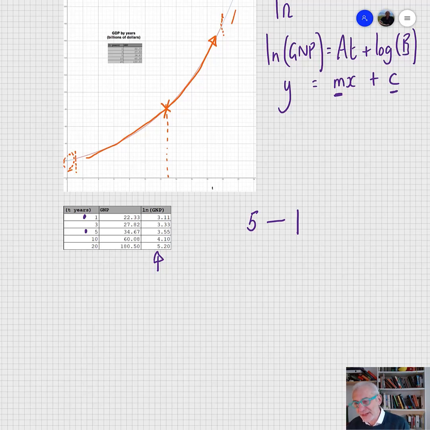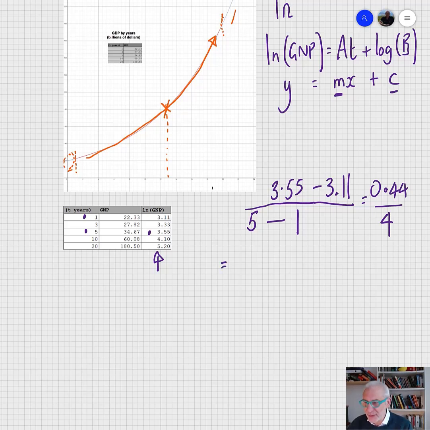So we have the change in the x value is 5 years and 1 year. The change in the other value on the top, if we find the slope, is 3.55, which is the value there, minus 3.11, which gives us, when we work that out, 0.44 divided by 5 minus 1, 4, so that the value for this slope is equal to 0.11.